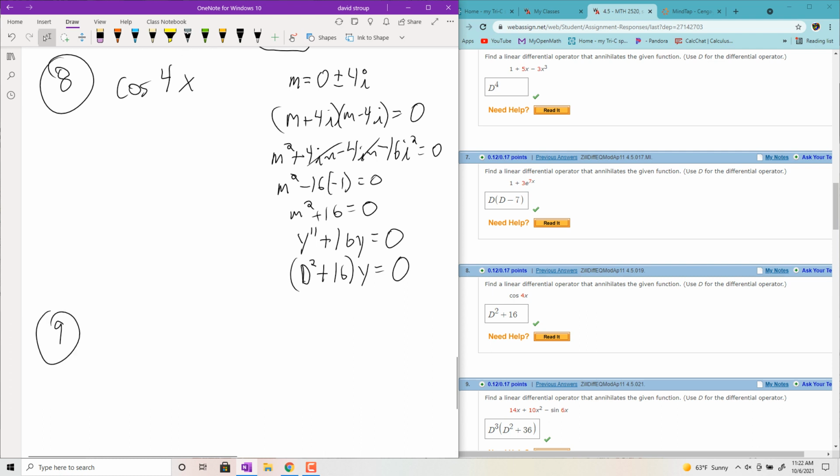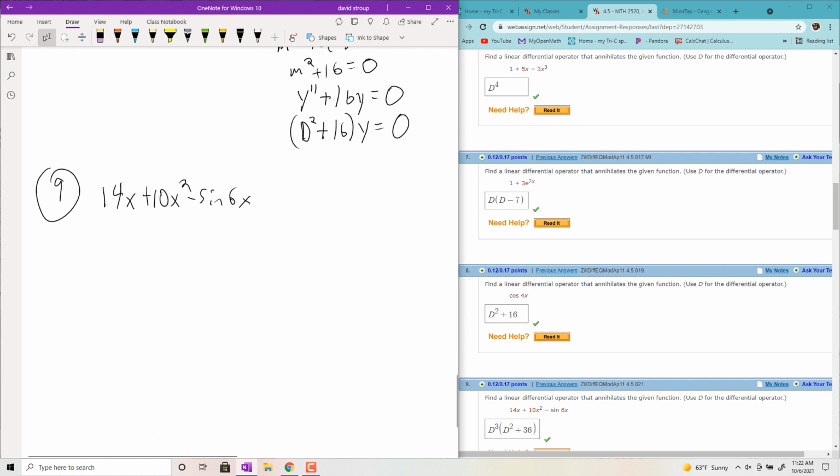So let's do another one. Number 9, I have 14x plus 10x squared minus 7 sine of 6x. Again, if you want to, you can take a look at the roots.